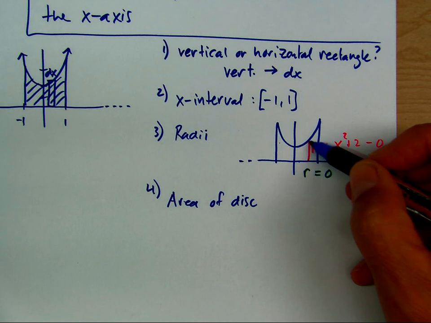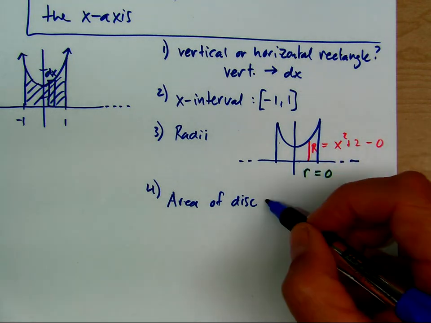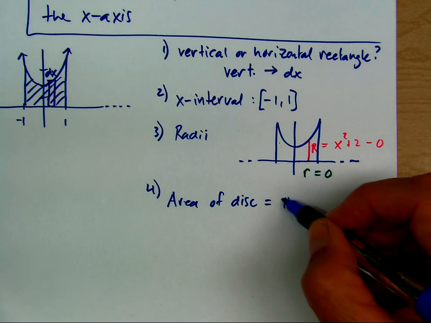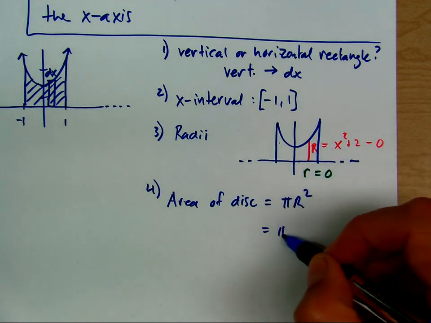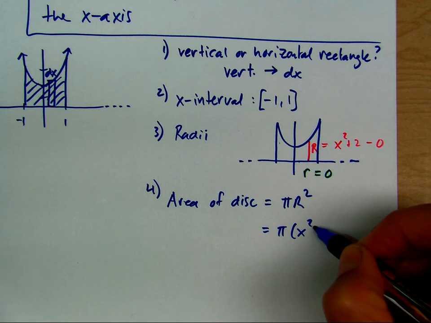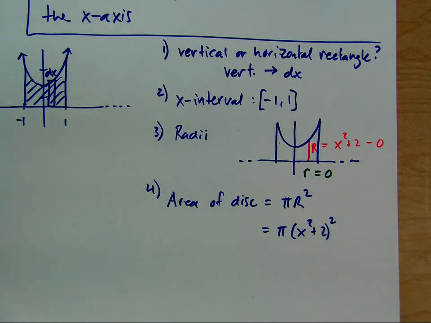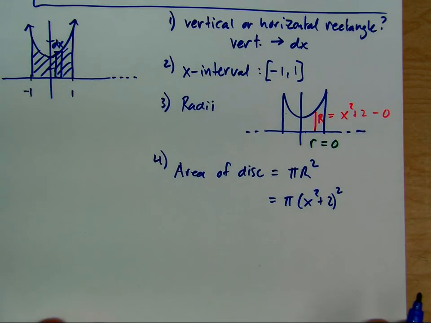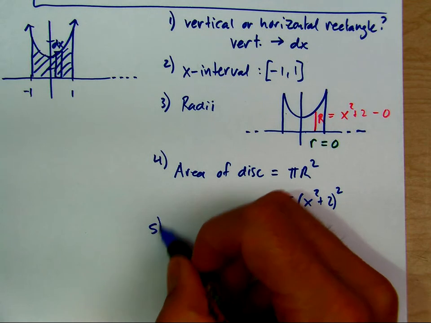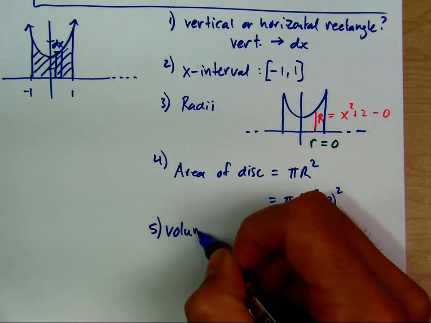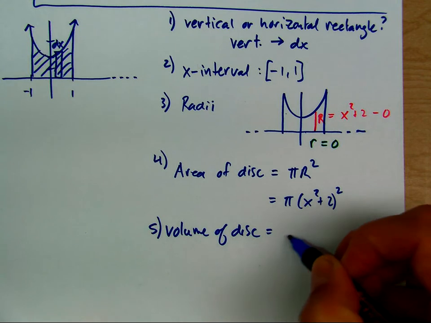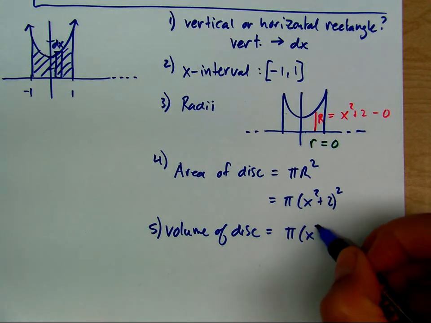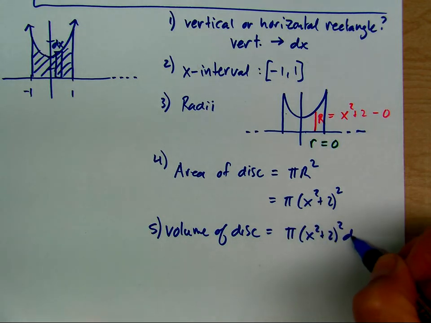We need the area of the circle created by rotating that, the area of a disk. That's pi r squared. The volume of the disk is pi r squared dx.